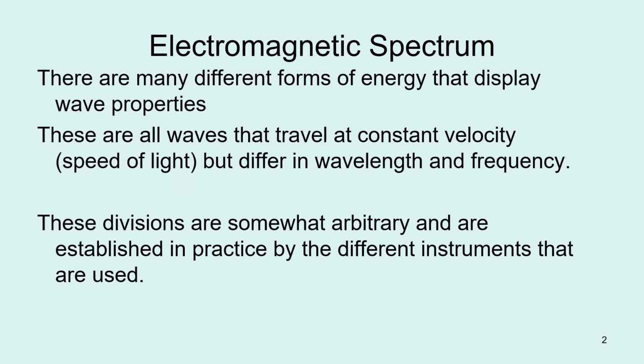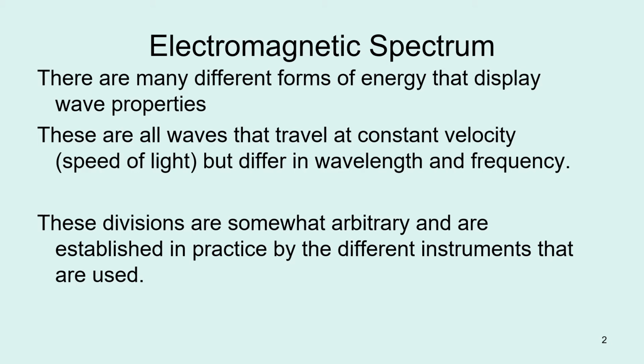All right, so just a little bit of a review from general chemistry. If you remember, the electromagnetic spectrum is just all the forms of energy that display wave properties. All light travels at the same velocity, the same speed, but they differ in wavelength and frequency.